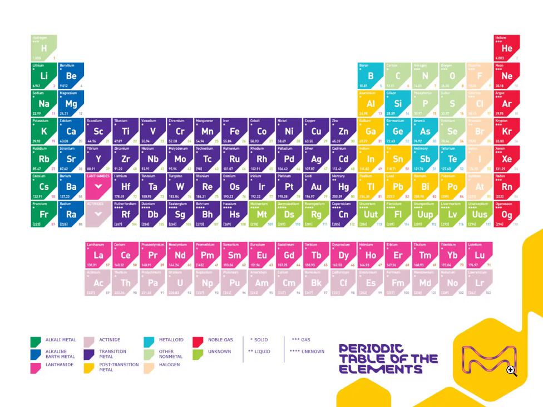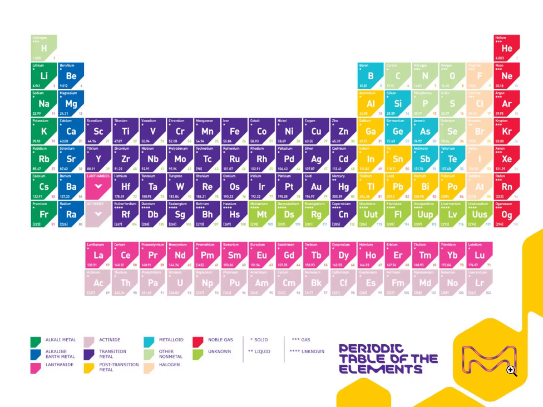75. Metals are found on the left side of the periodic table, to the left of the staircase. Nonmetals are above the staircase to the right. Metalloids directly border the staircase. 76.